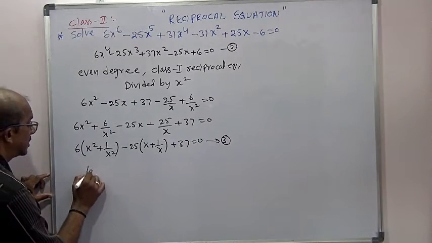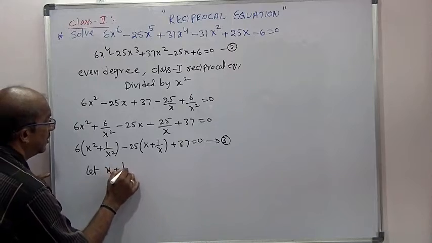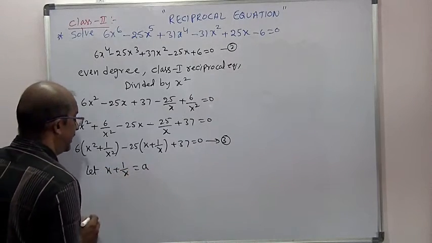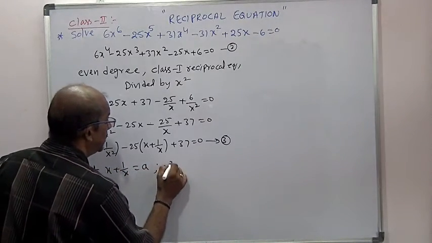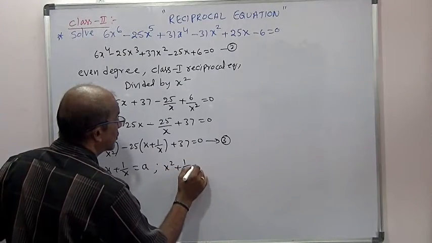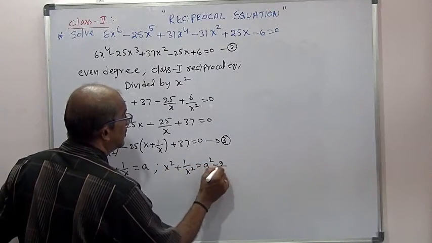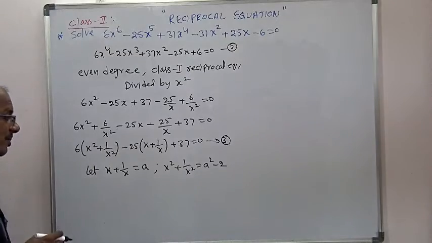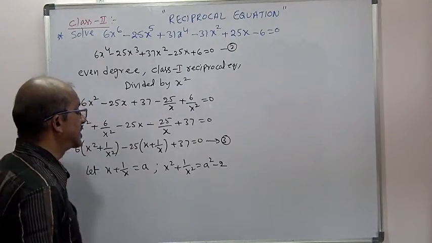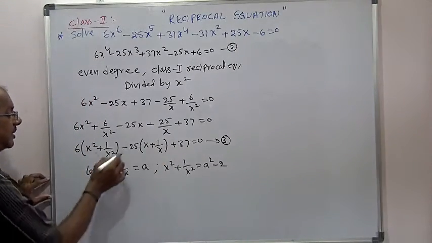Now put x plus 1 by x is equal to a, and x square plus 1 by x square equal to a square minus 2, I said already how to solve this one. Substitute in equation 3.